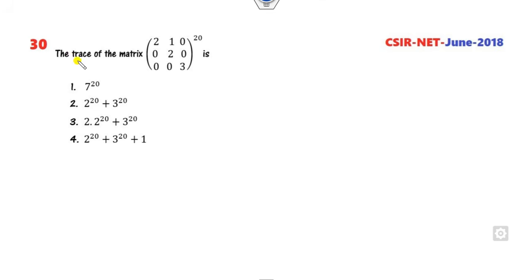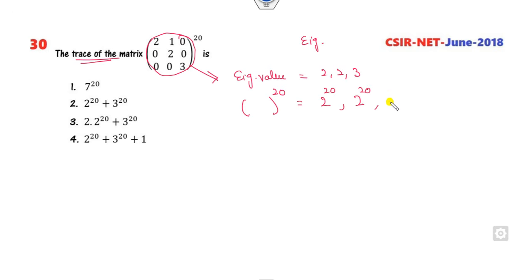Okay, now you have to find the trace. So we will look at the eigenvalues. Firstly we will check the eigenvalues of this matrix. Eigenvalues are 2, 2 and 3. Then what are the eigenvalues of this matrix? 2 raised to power 20, 2 raised to power 20, 3 raised to power 20. Why?